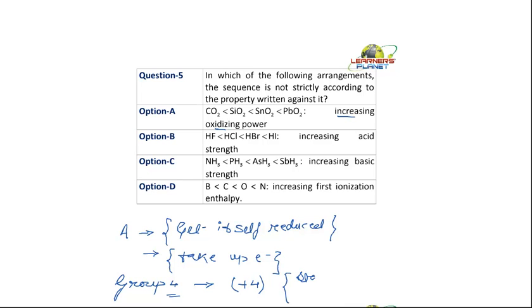The stability of +4 oxidation state decreases down the group. Why? This is because of the inert pair effect. This you must be knowing, right?